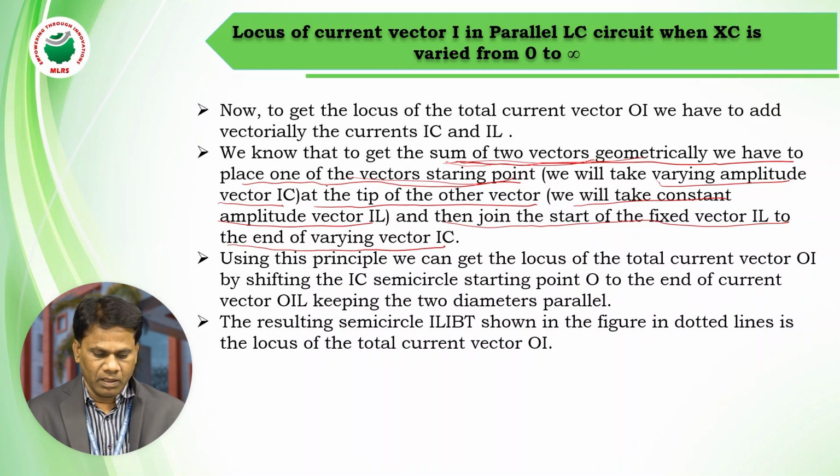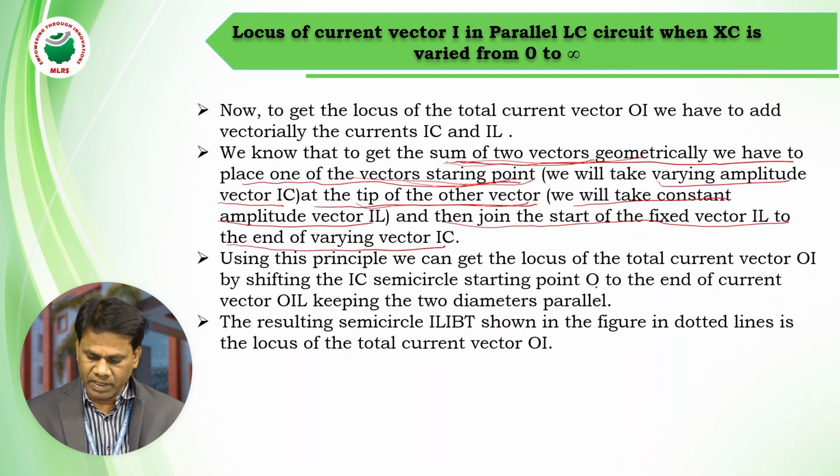So this is the principle. We can get the locus of the total current vector OI by shifting the IC semicircle starting point O to the end of the vector OIL, keeping the two diameters parallel.